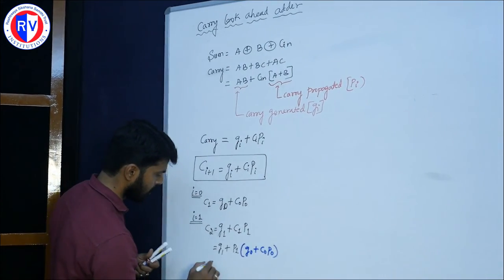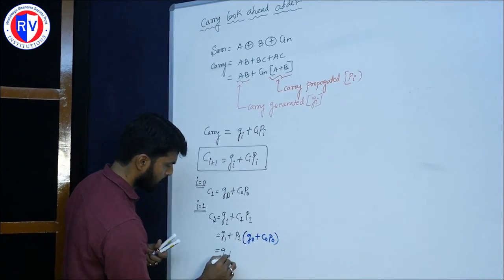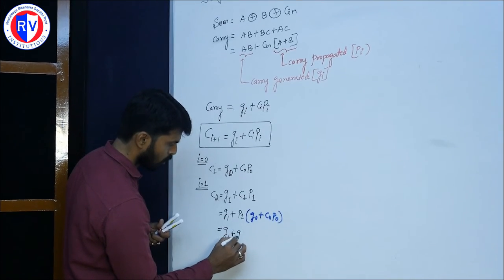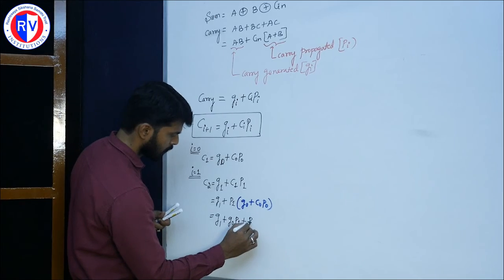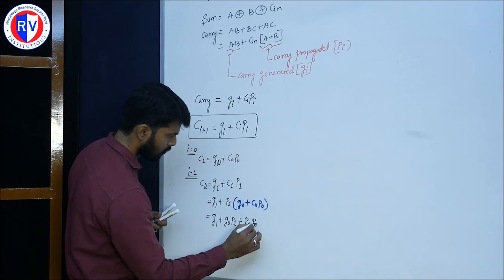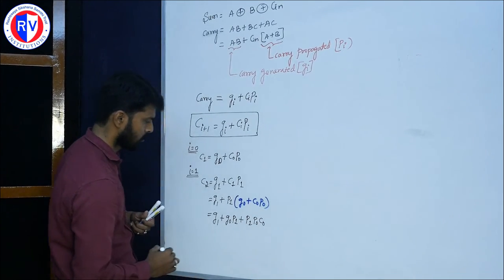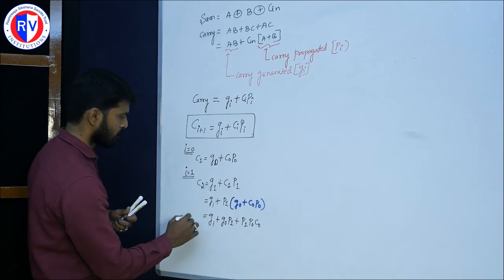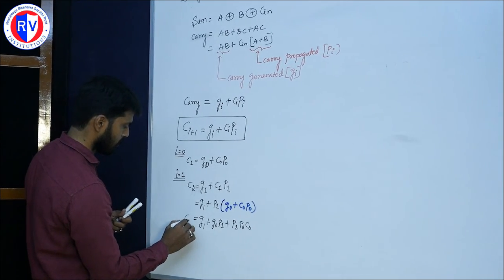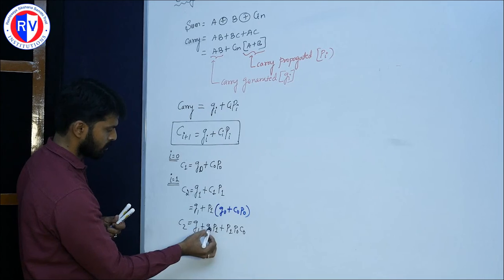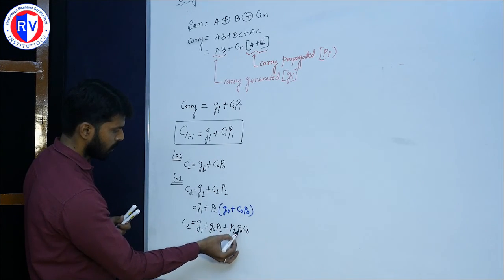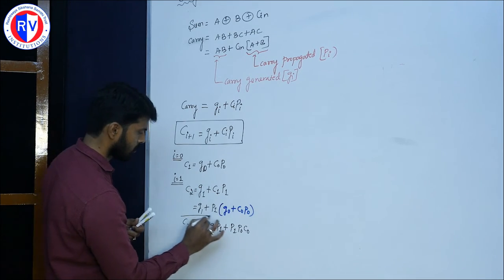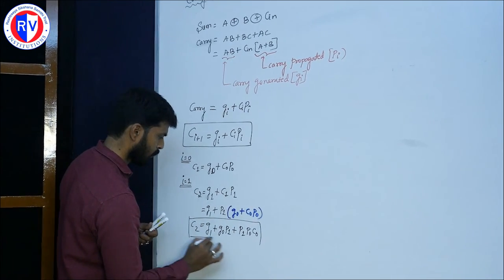Finally I am getting G1 plus G0 into P1 plus P1 P0 into C0. So this is the equation for C2: G1, G0 P1, and P1 P0 C0.